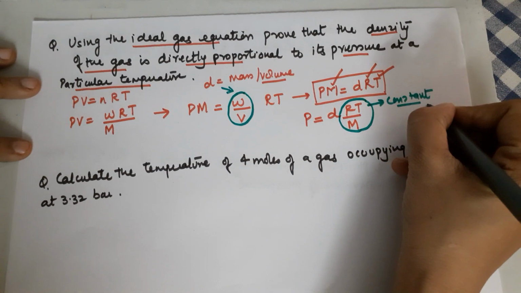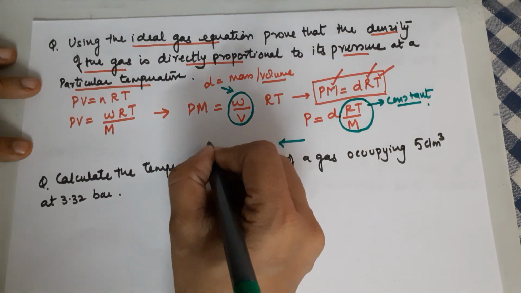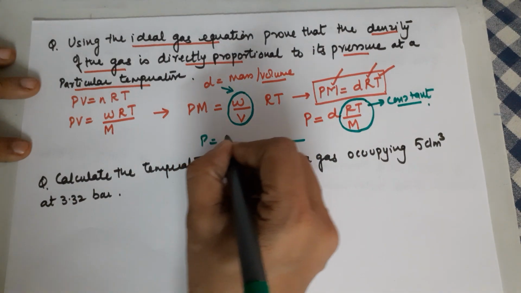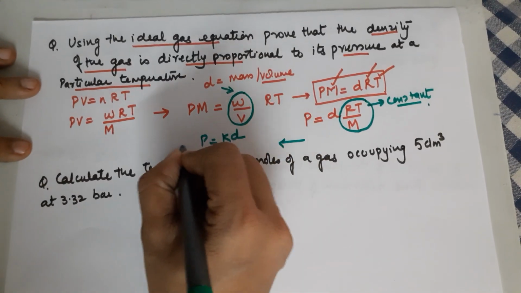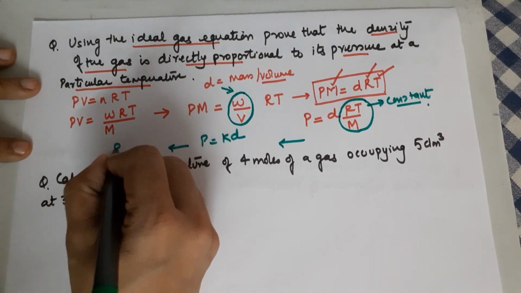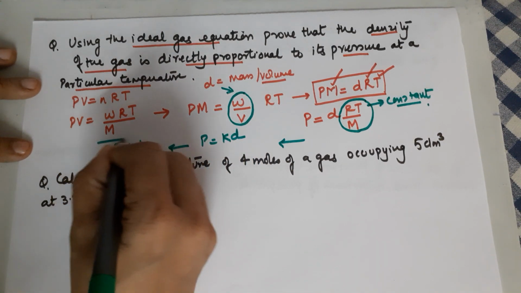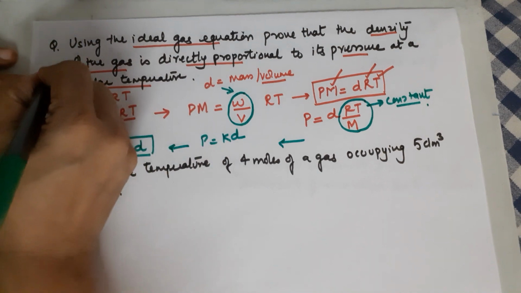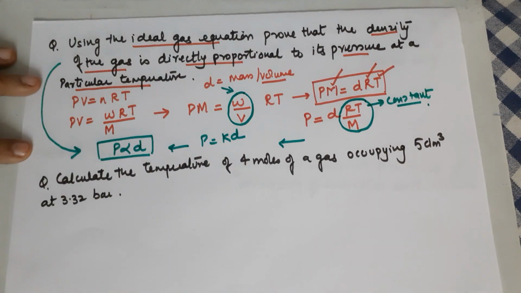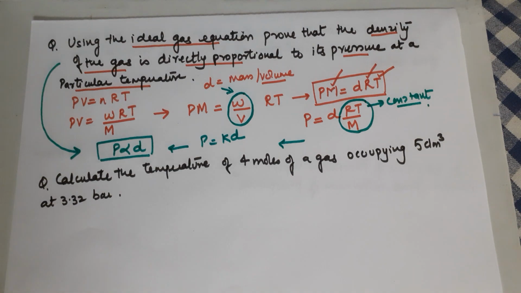If these three values are constant, can I say that P is equal to a constant times d? Hence, I would conclude that P is directly proportional to d. That was the agenda of the question. I hope this is clear. So the pressure of the gas is directly proportional to the density of the gas.